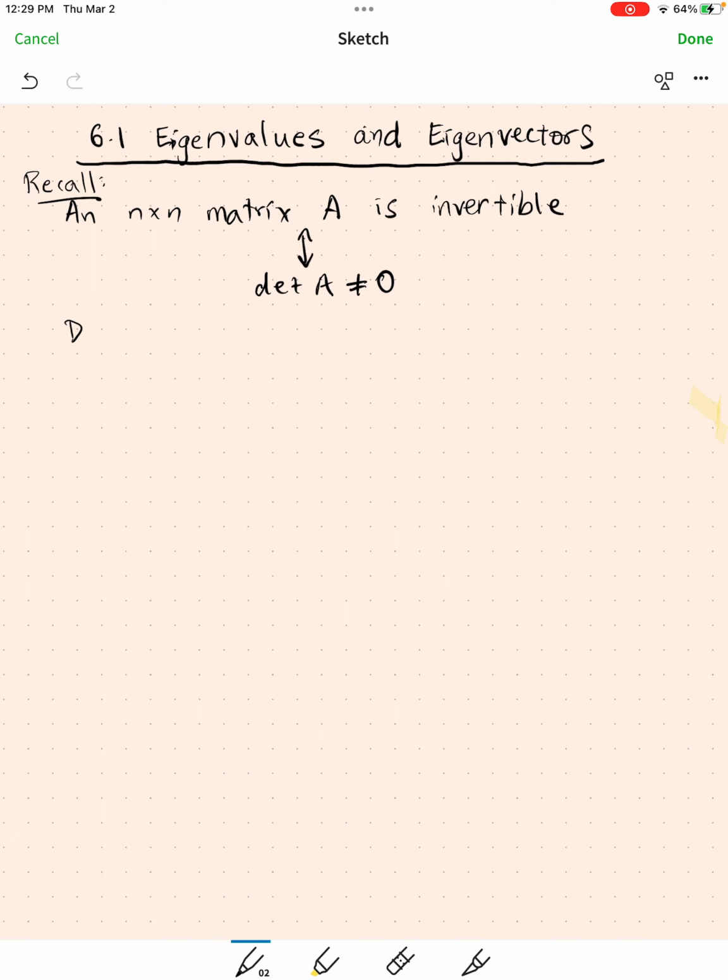So let's say that you have an n by n matrix A. First I'll say what an eigenvector is.